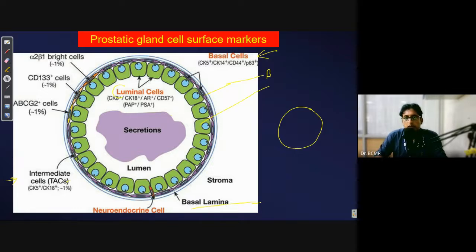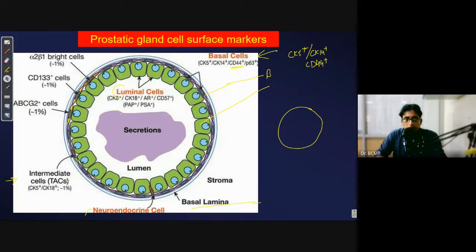What we are looking at here are so many different types of cells, right? We have basal cells, luminal cells, neuroendocrine cells, and intermediate cells. And each of them seems to have its own unique cell surface markers. Basal cells are CK5 plus. You don't need to mug up, but it's worth at least acknowledging the types of cell surface markers they have. The basal cells also have CD44, and other things as well.